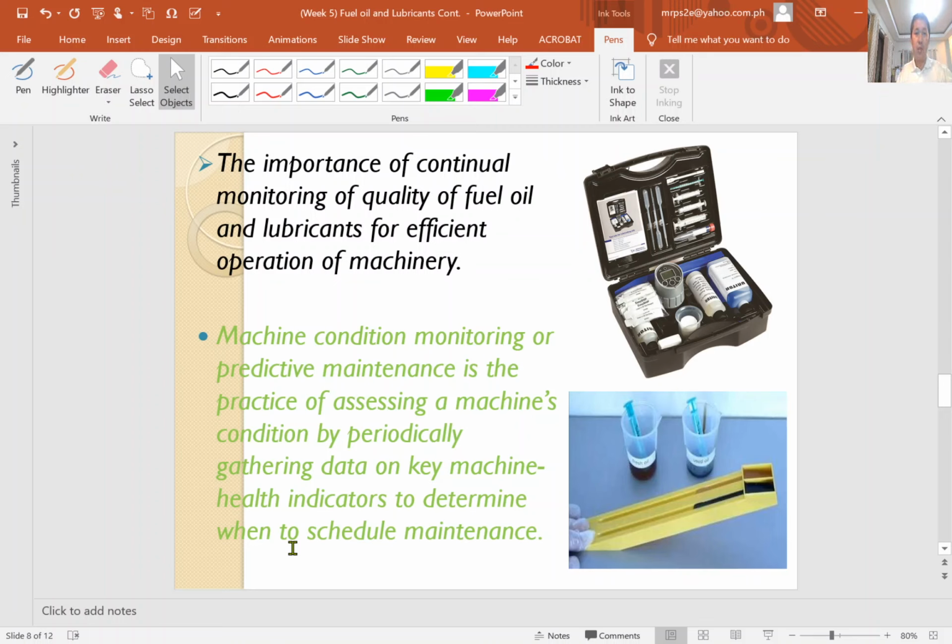If you are sick, you will go to the doctor for check up.